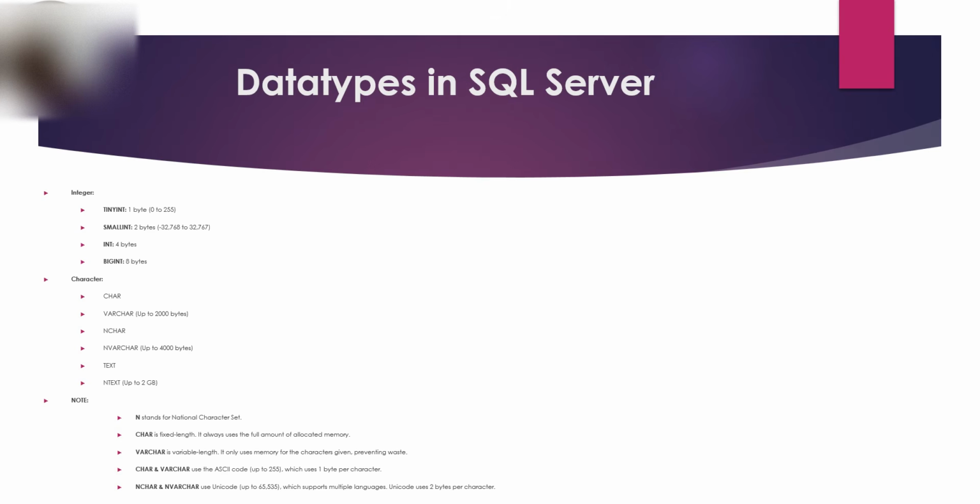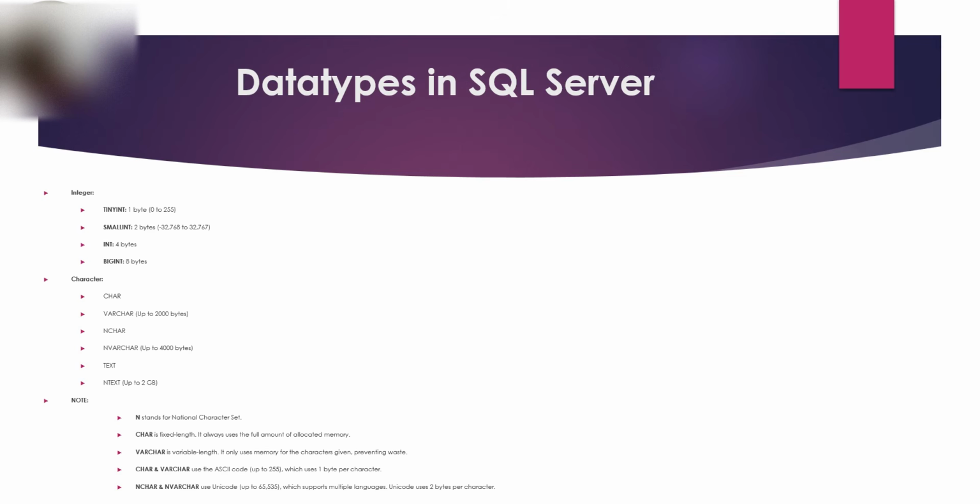Integer has different subtypes like tinyint, smallint, int, and bigint. Characters are also divided into different subtypes like char, varchar, nvarchar, nchar, text, and ntext. Here n stands for the national character set.